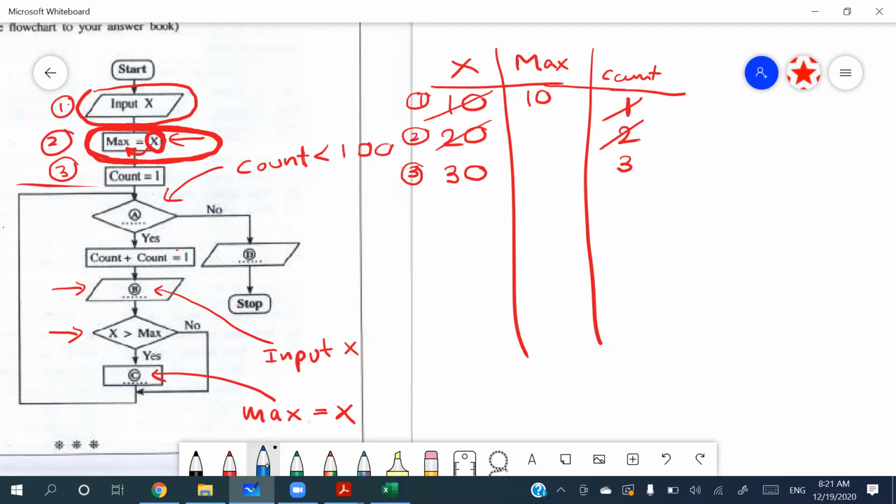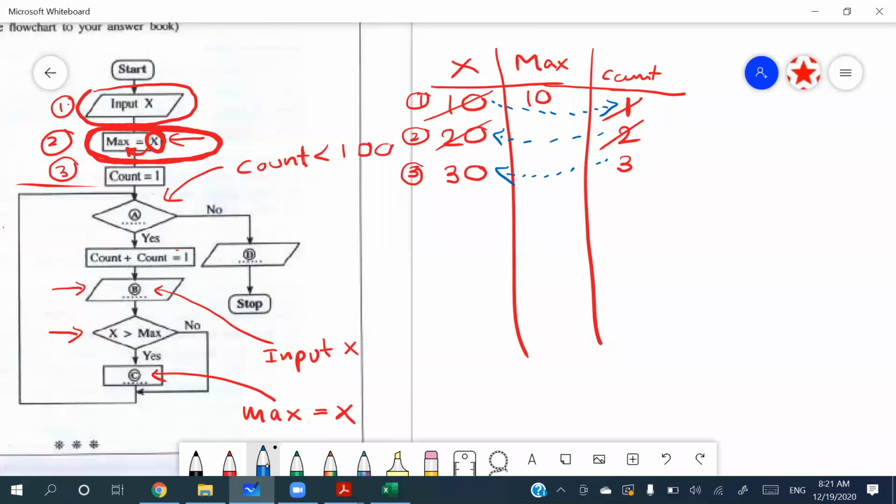So when count is 1, in the very first time, you have given the number and count becomes 1. Then count increases, then they have asked the number. Then again count increased to 3, then they have asked the number.